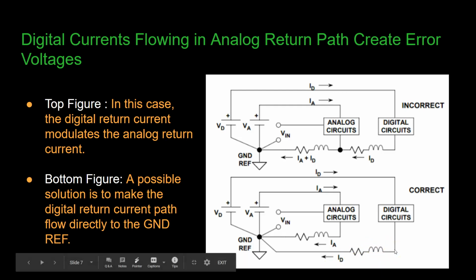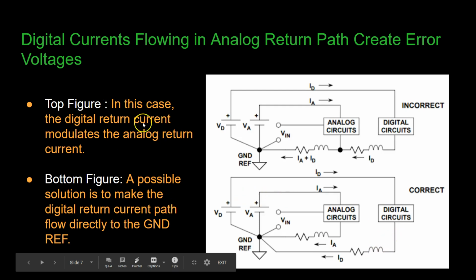In practice, the current returns must consist of large area ground planes for a low impedance to high frequency currents. With a low impedance ground plane, it is therefore almost impossible to avoid these shared impedances, especially at high frequencies.